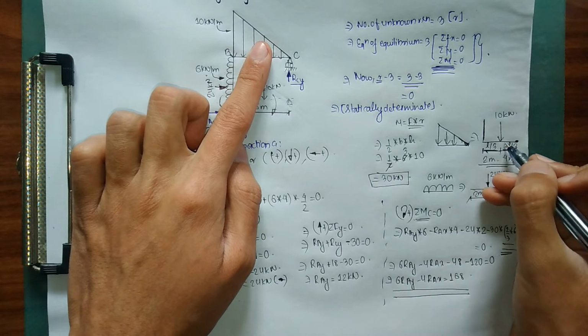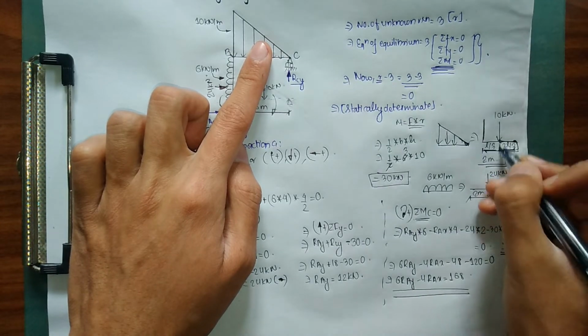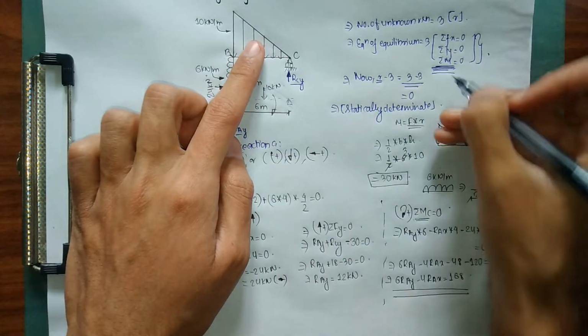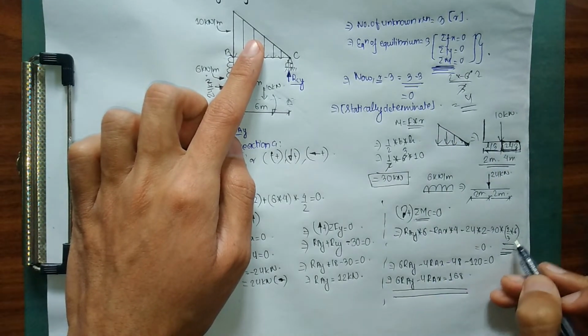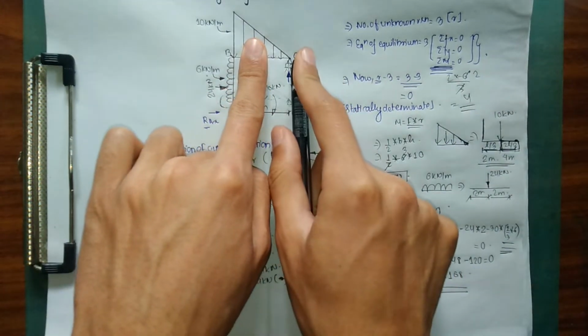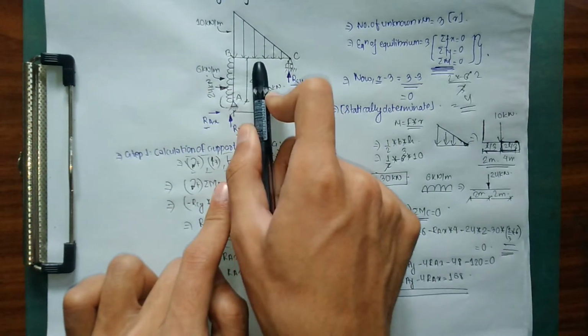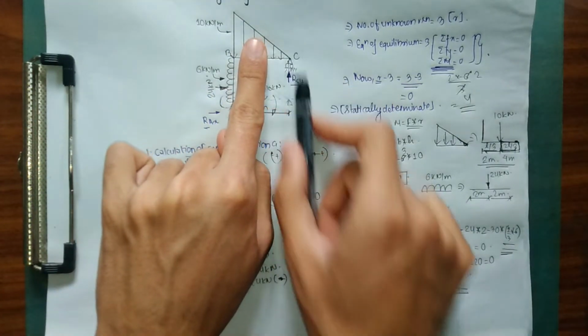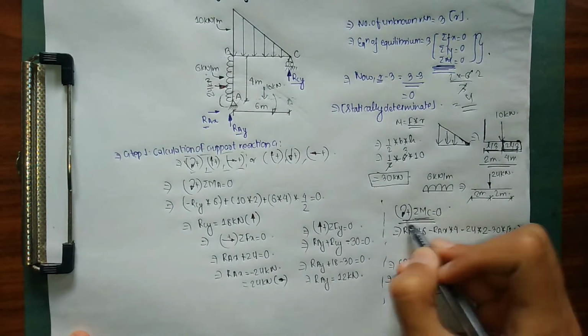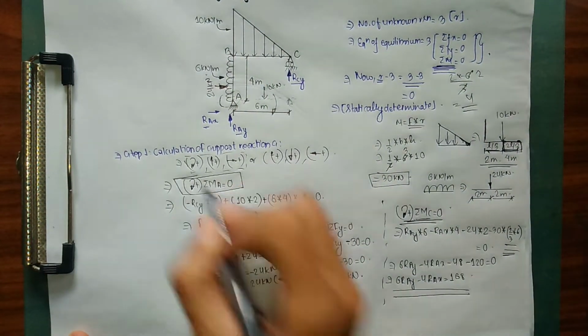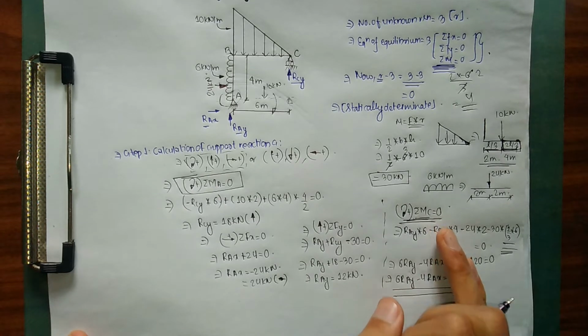As I explained before, our point load acts at a distance of 2L by 3, which is 2 into 6 by 3 from our point C. From point B it was the longer edge, but from point C it's a distance of 2 into 6 by 3. You can take moment about C, or you can take moment about A as well. I'm just showing how you could have taken moment about C.